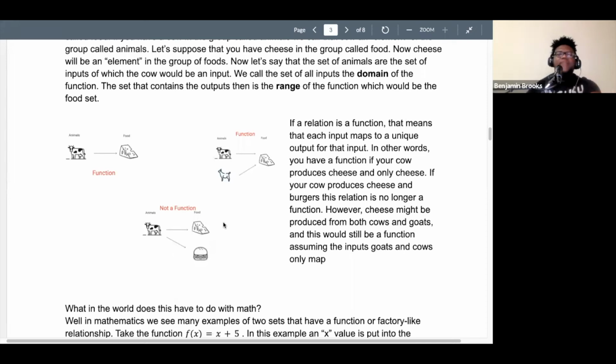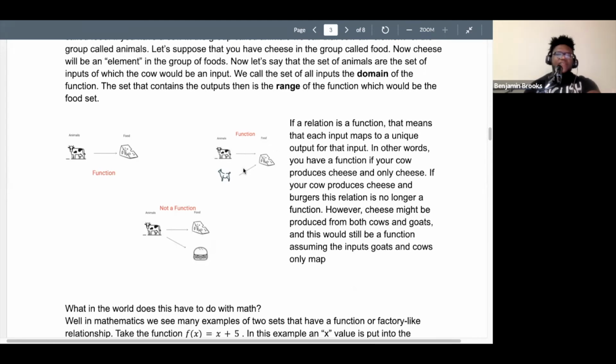Now, the animals, or the set of inputs, what we're putting into this function or our factory, is called the domain of the function. The domain is just setting what type of inputs can be put into the function. So for example, screwdrivers would not be in the domain of animals. The range stands for the set of outputs.